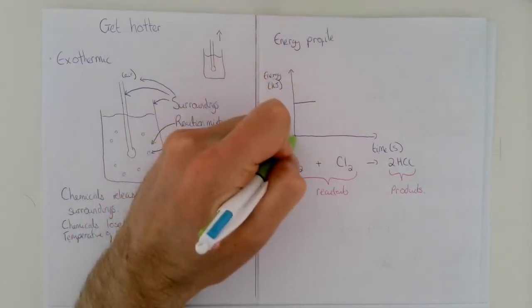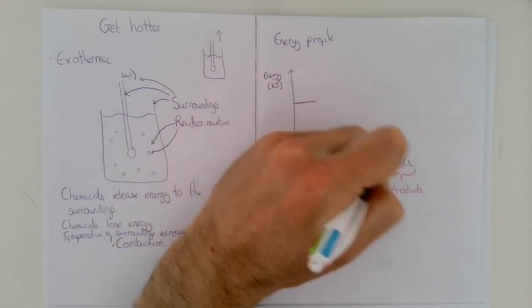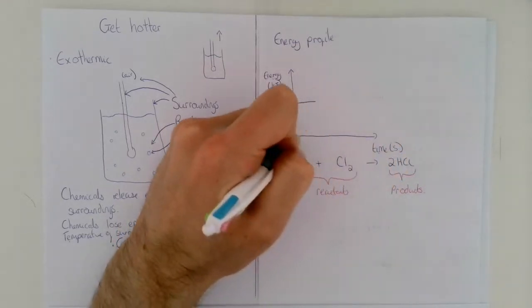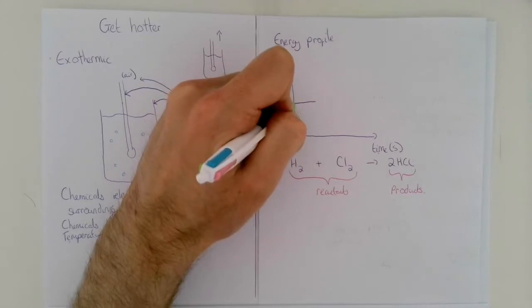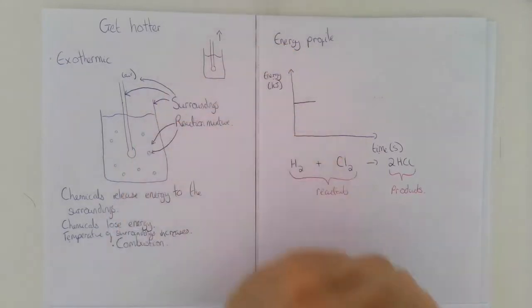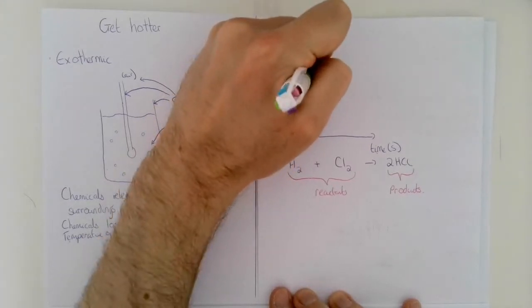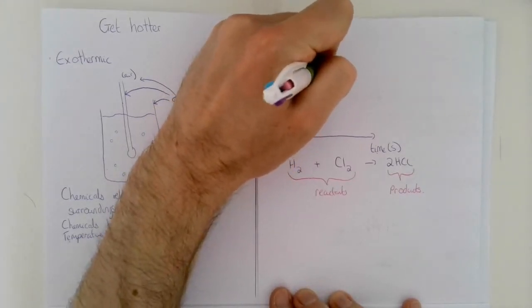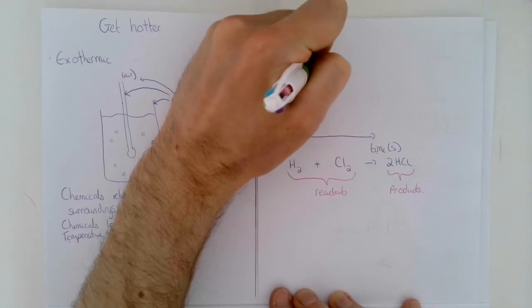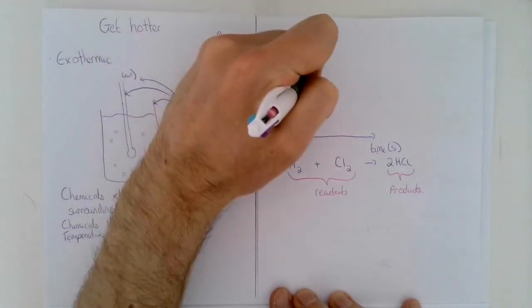So before the reaction has started, at the very start of the reaction, so time is very low at this point, that's how much energy the reactants have. So this is the total energy of the reactants.